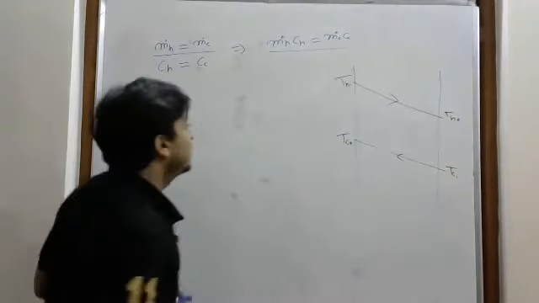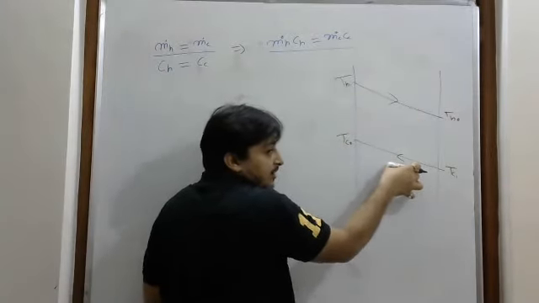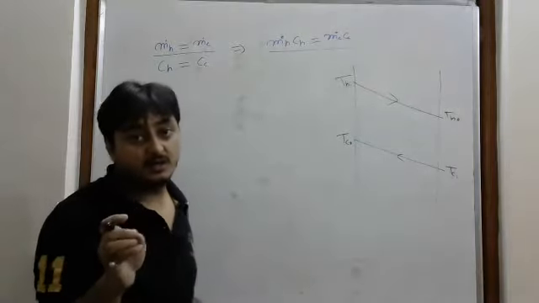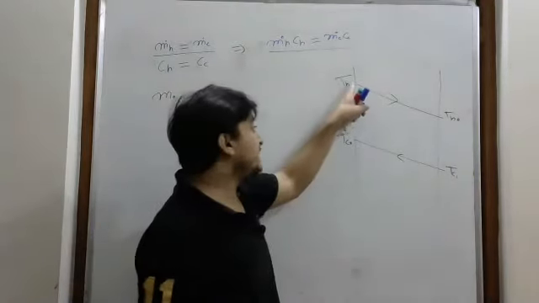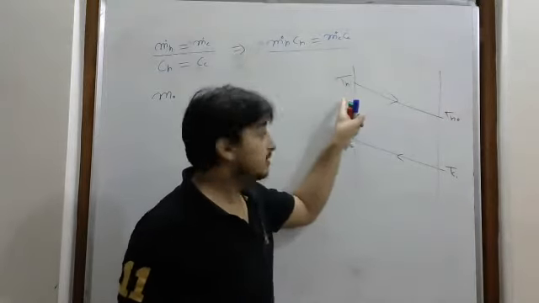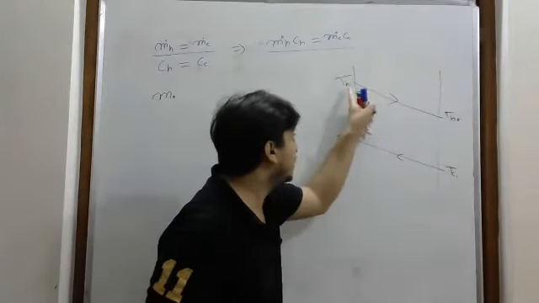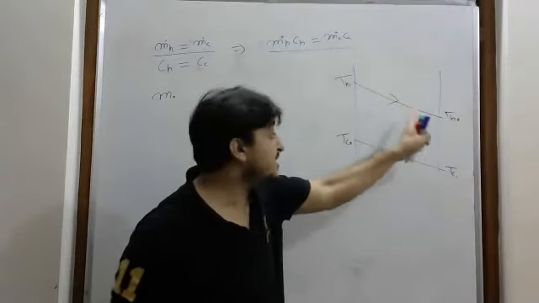What can we write? Heat lost by the hot fluid is equal to heat gained by the cold fluid. The heat transfer is m C del T. For the hot fluid, del T is from the inlet to the outlet temperature, how much it has lost.